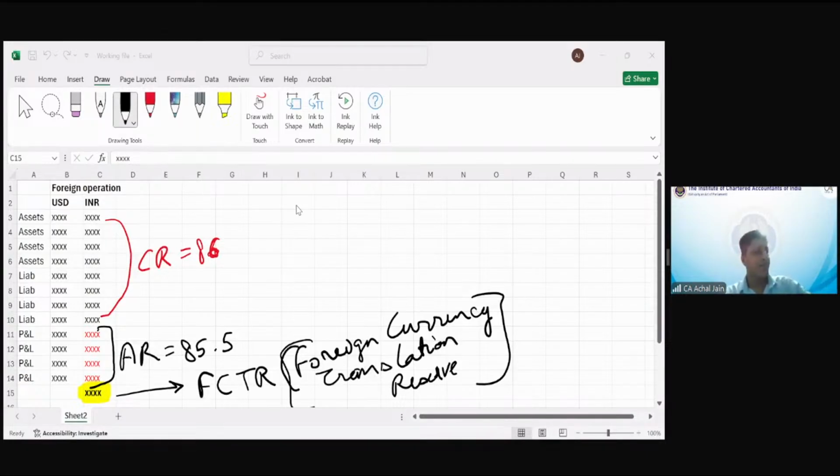Now, please remember this FCTR you will get in case of non-integral foreign operation. You will not get it in case of integral foreign operation. Why? Because the way you translate integral foreign operation is different. Okay, so that's different. Clear?